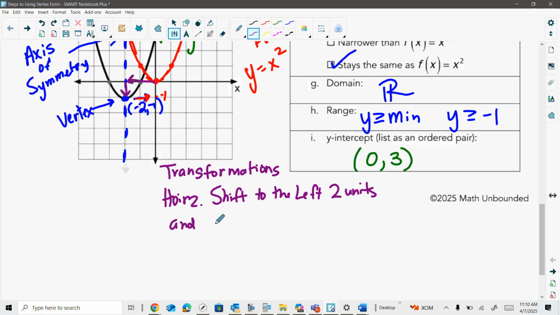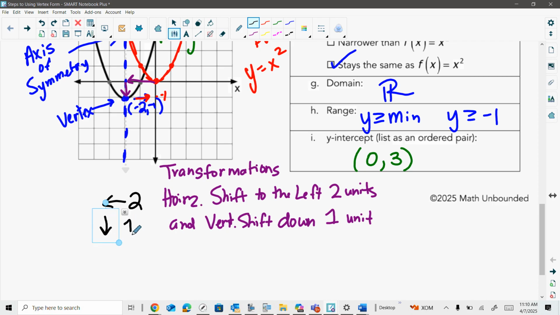And it's going to be a vertical shift. I'm going to abbreviate that. It is going to be a vertical shift down 1 unit. So if you want to kind of just give the orientation, that means I'm drawing an arrow to the left, and then I could put 2. That means it went to the left 2. And then I can draw an arrow pointing down and put a 1. That means it went down 1.